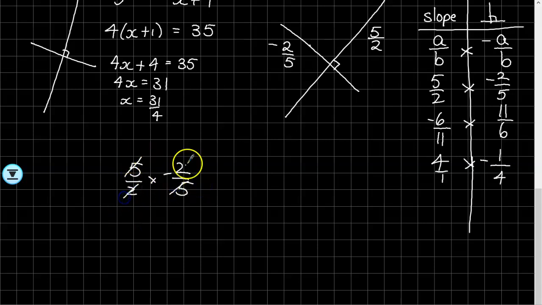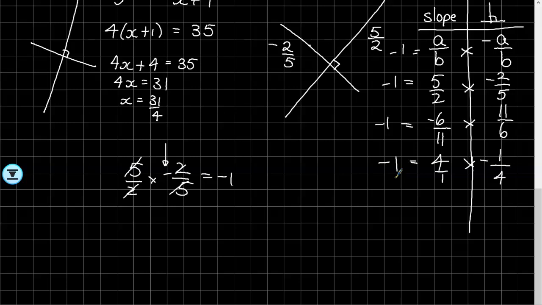The 5's cancel, the 2's cancel. Negative 1. So you know that two slopes are perpendicular if you times them together and you get negative 1, or if you flip one. Technical term, the negative reciprocal. Wow. The negative reciprocal. Great word.